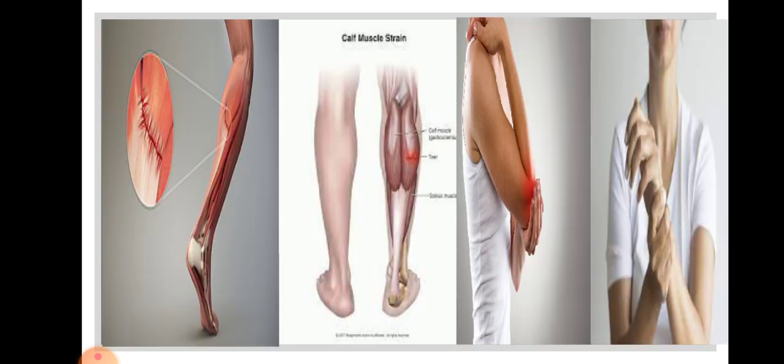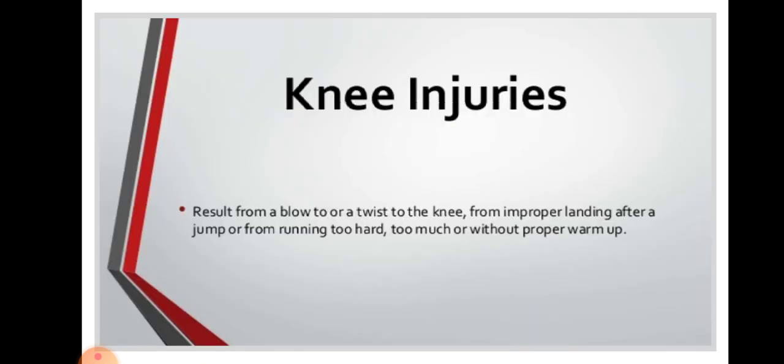So I have here the pictures. Okay? It can be your leg, it can be your wrist, it can be your elbow. So here are the examples. The most common type of injury is the knee injuries. Result from a blow to or twist to the knee, from improper landing after a jump, or from running too hard, too much, or without proper warm-up.